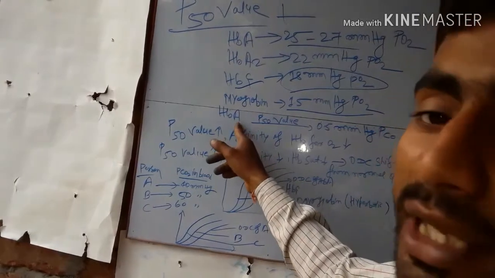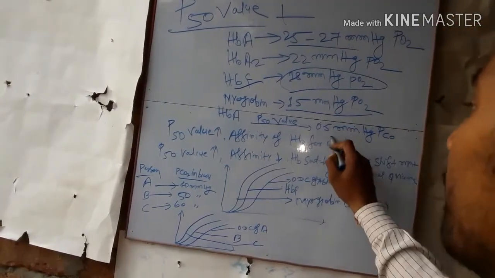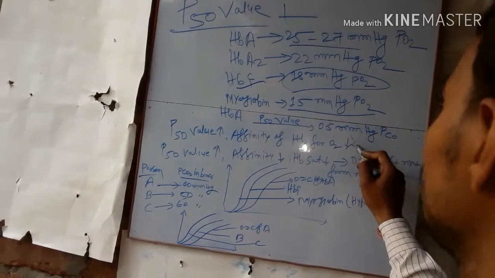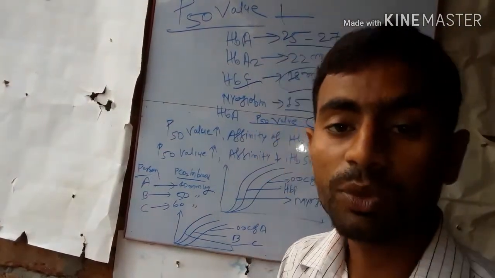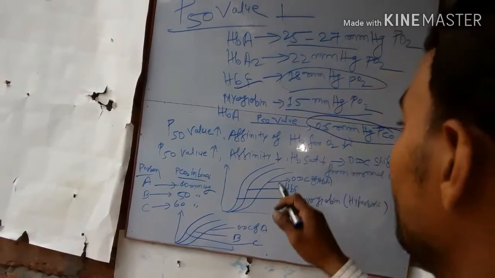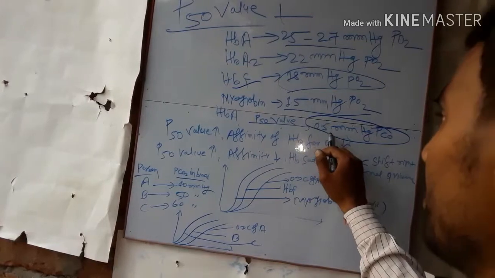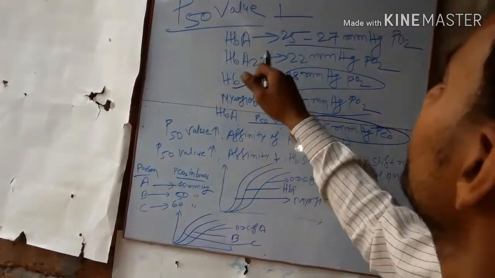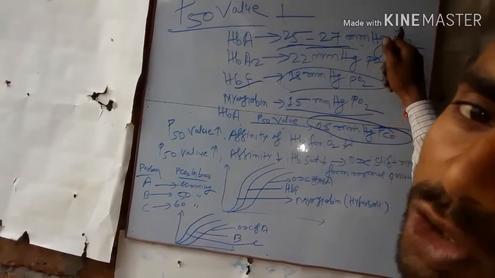And the myoglobin P50 value is 1.5 mmHg as the partial pressure of O2, and the HbA P50 value is 0.5 mmHg as the partial pressure of CO, carbon monoxide. So HbA P50 value is 0.5 mmHg as the partial pressure of CO, and 25 to 27 mmHg as the partial pressure of O2.